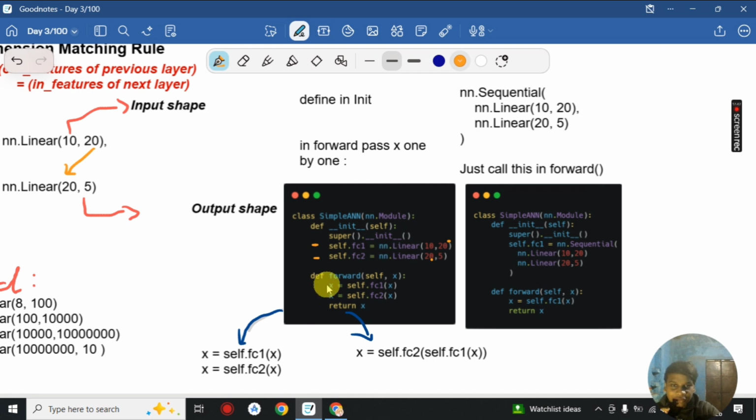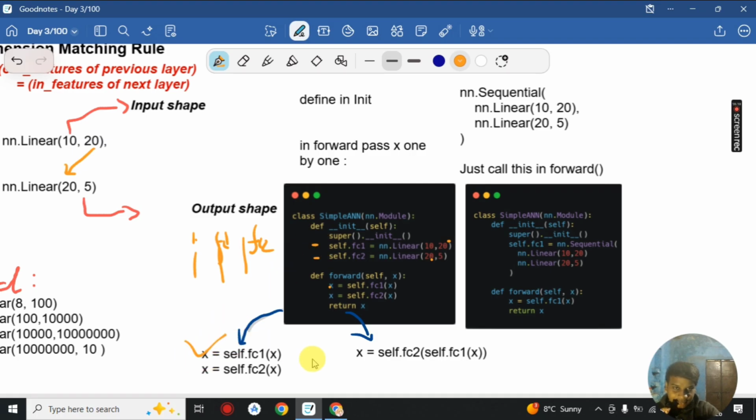So then we pass our x as self.fc1 for our first linear layer, then the x we got from the first layer, we send to our second linear layer. So we have our input, then we have our fc1, and then we have our fc2. Okay, this is how we define.